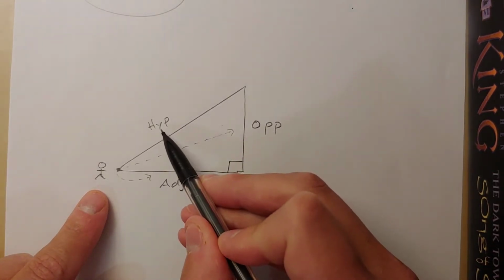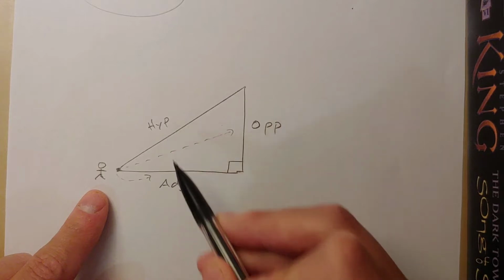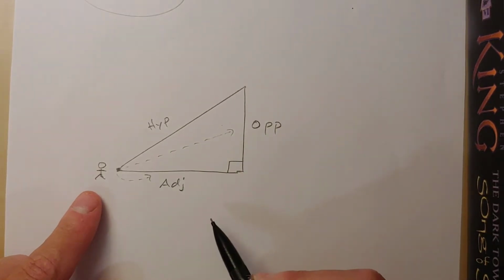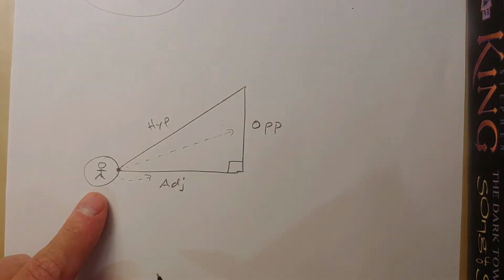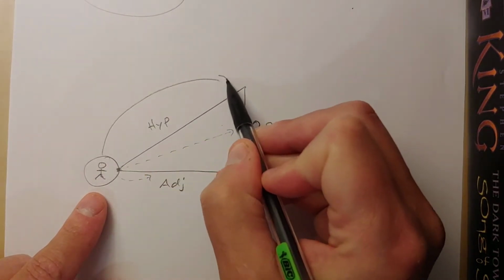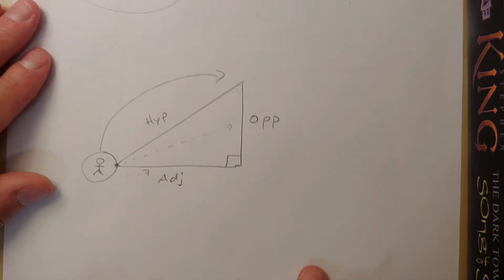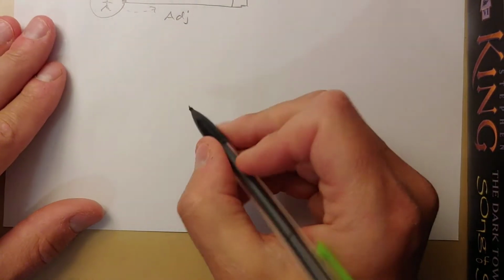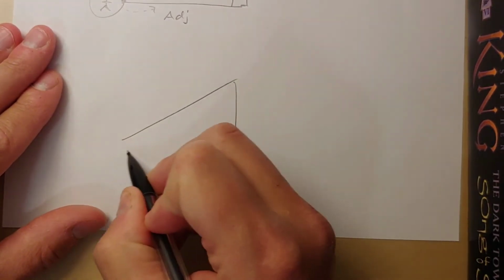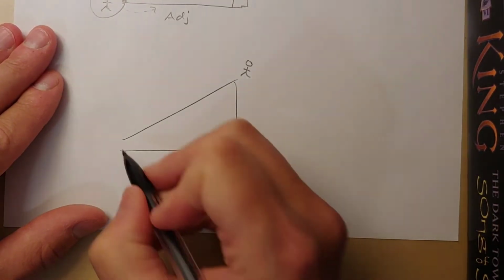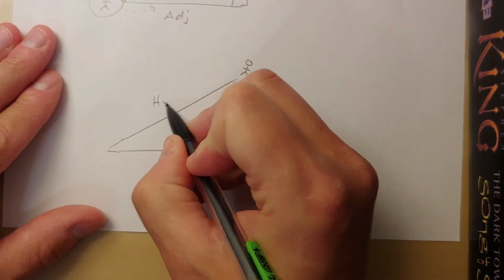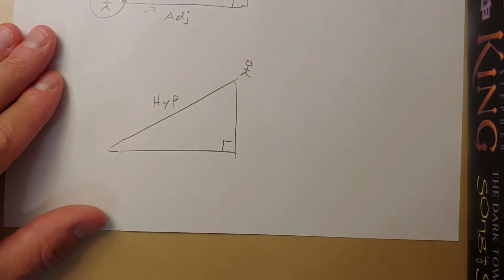Now, like I said, the hypotenuse is always the hypotenuse, but the opposite and adjacent could change if you changed where you were standing, right? Maybe you walked over here to this side of the triangle. If you did that, now you're up here. Now, the hypotenuse, like I said, is still the hypotenuse.